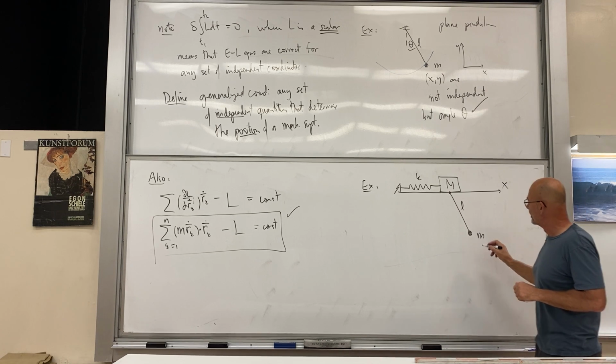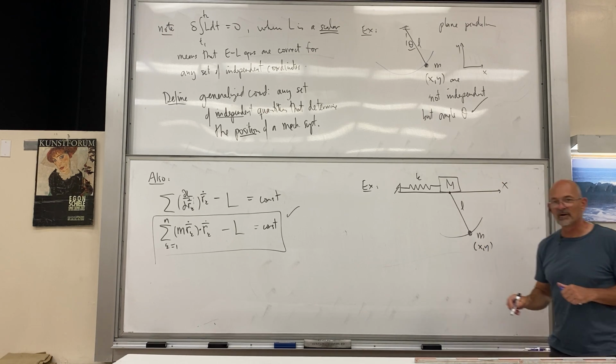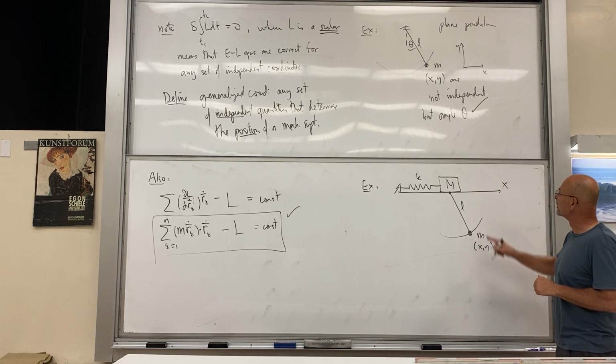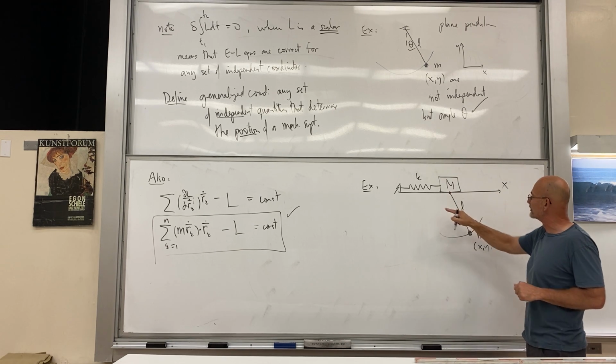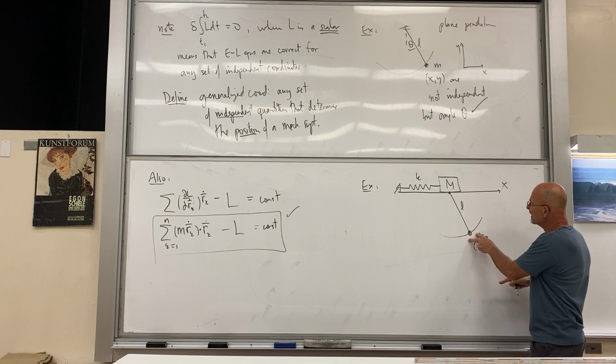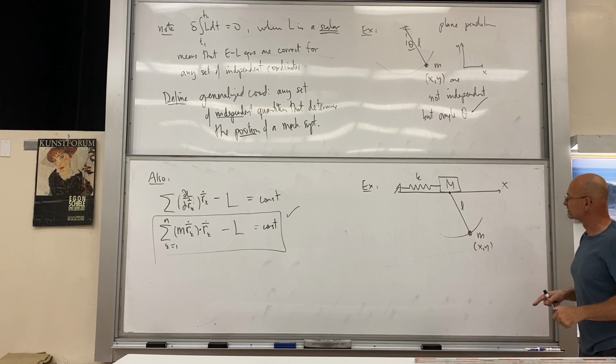So now, same thing holds true. You can't have x and y here, because there is just one degree of freedom for the pendulum. But on the other hand, this thing is moving forward and backwards, so the position of this pendulum is going to depend on the position of capital M. So what are the independent coordinates?